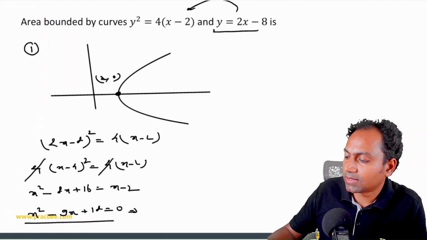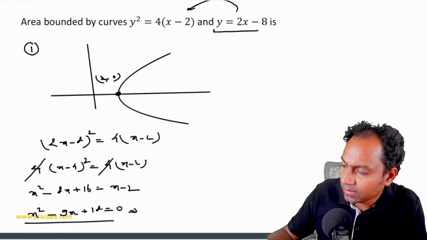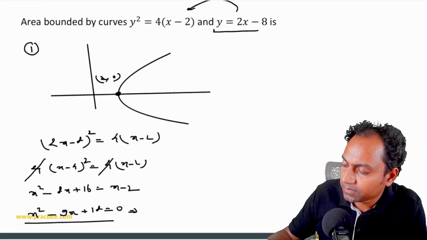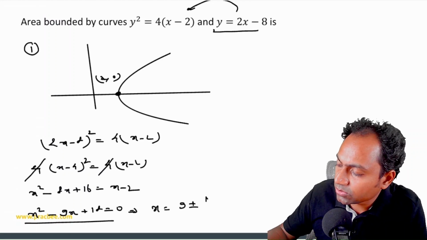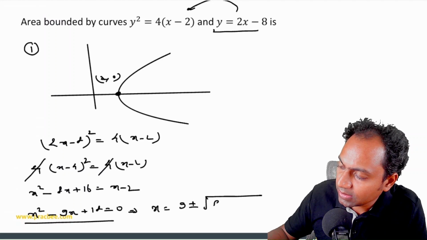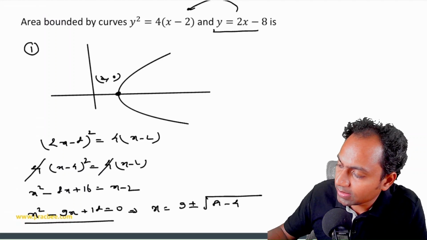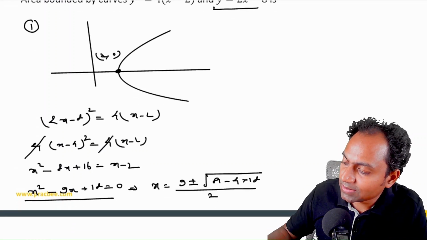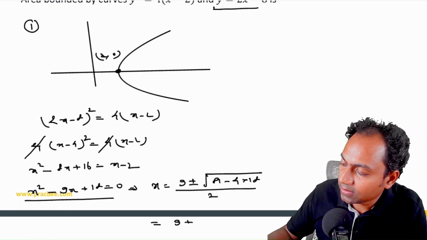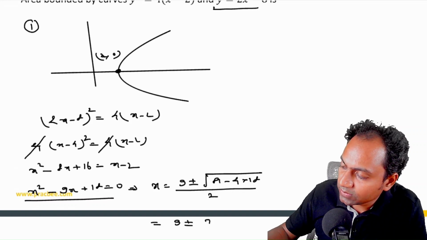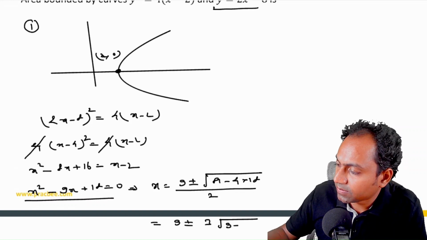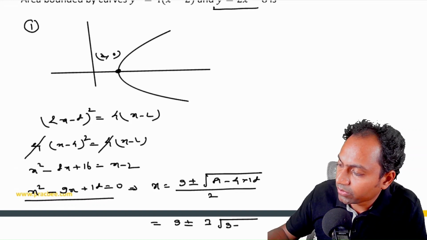And what we can see is this is going to become x will be 9 plus minus root of b square, that is 81 minus 4ac by 2a. And if I simplify this, what I am getting is nothing but 9 plus minus. I can take 9 out and this will become 3. This is 9 minus and this will become 4 into 2.